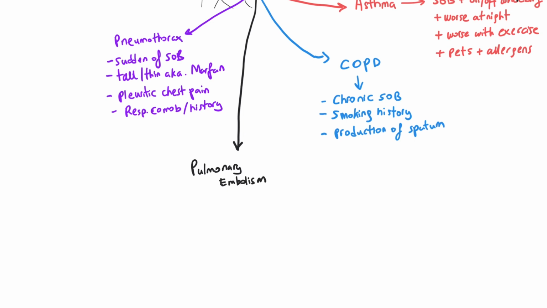The risk factors are the common ones: long flight, recent surgery, being female, pregnant, obese. Generally, these are the main risk factors for PE. And it has a sudden onset.